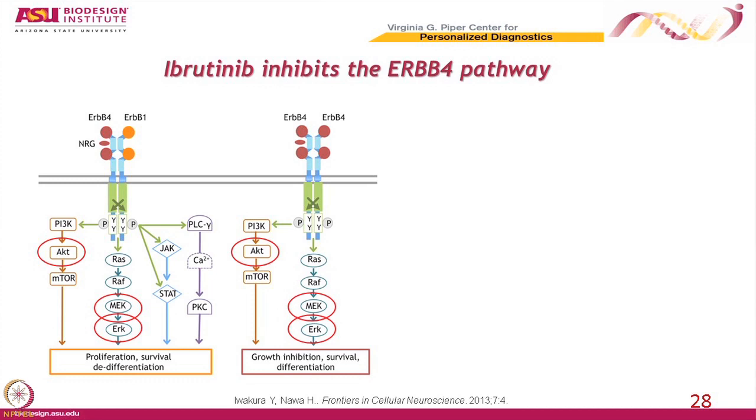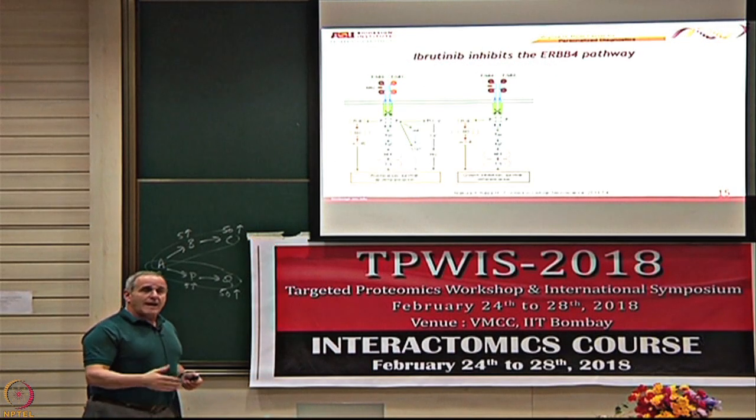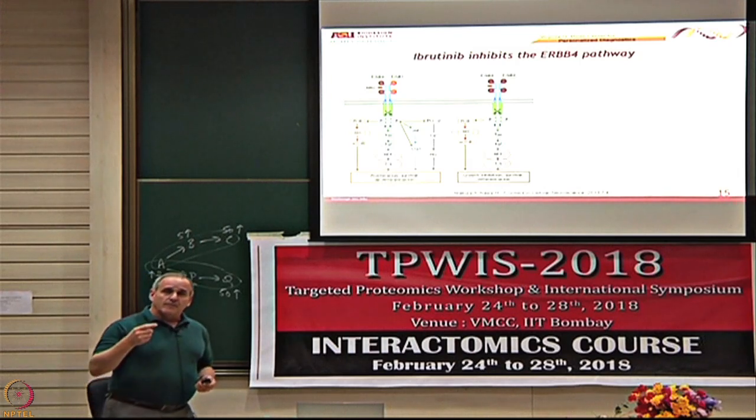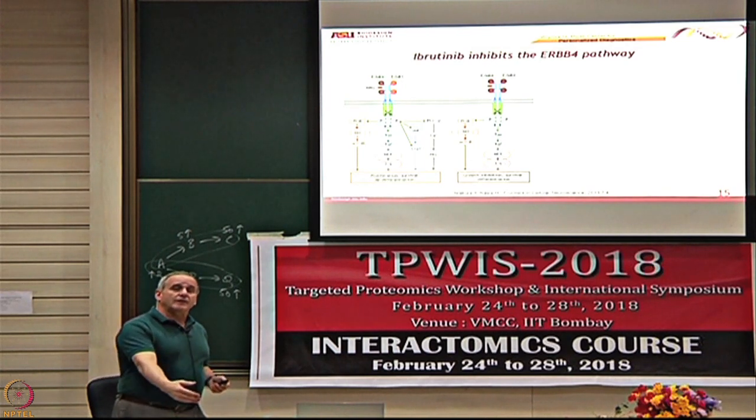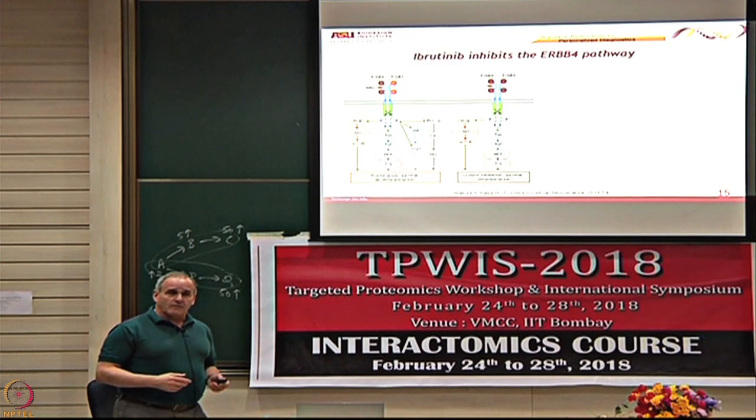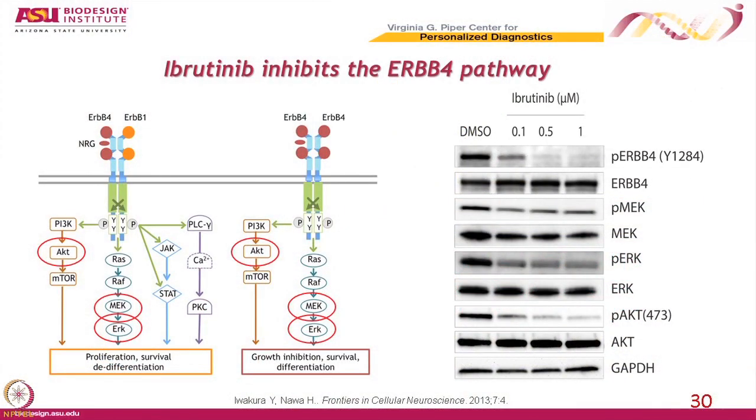All three of these proteins, AKT, MEK, and ERK, get phosphorylated when they're active. And we have good antibodies for those phosphoforms. So a good simple test would be, when we inhibit the cells with ibrutinib, do we see a reduction in the phosphoform of these proteins which are downstream of ERBB4, right? And I wouldn't be telling you this if we didn't do that experiment, and that's the result.